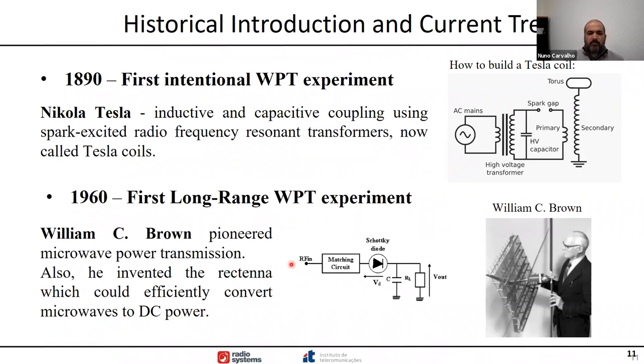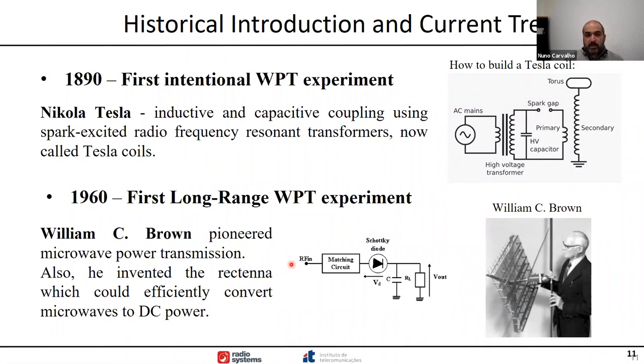And for this technology, he also gave the name of a very important device, which is called the rectenna. So the rectenna is nothing more than a device that will collect this electromagnetic wave, convert the electromagnetic wave back to DC, and allow us to power up other devices.